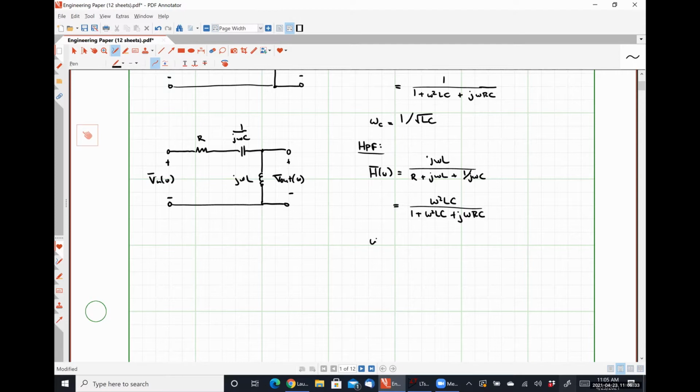Again, we will have a 3 decibel cutoff frequency of 1 over the square root of LC.